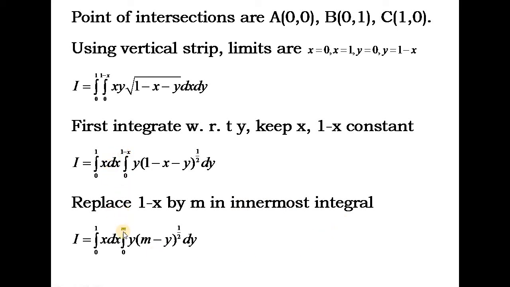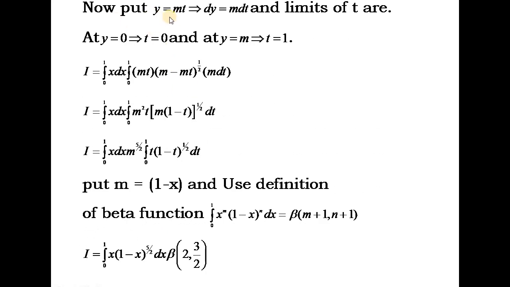So the upper limit 1 minus x is m, and in the bracket 1 minus x is m, minus y as it is. So the integral from 0 to m of y into (m minus y) raised to 1 by 2 dy. Here we use the beta function. Before that, put y equal to mt, then dy is m dt.